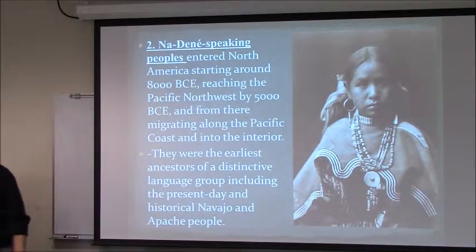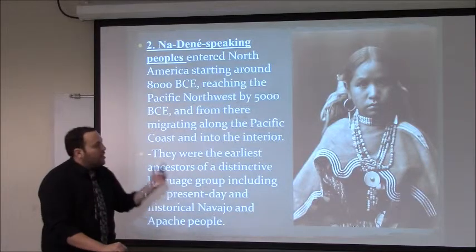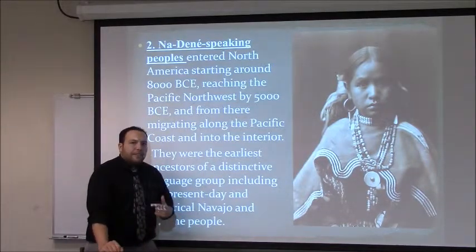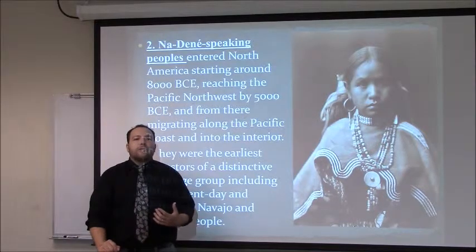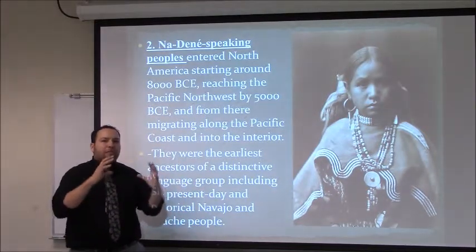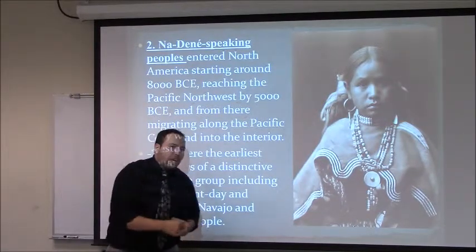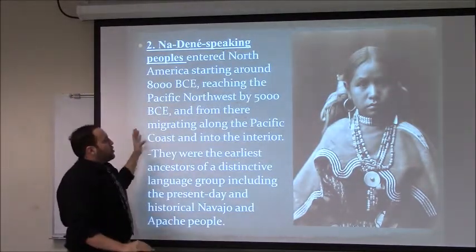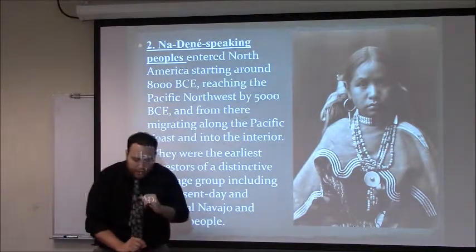Next up, we have the Na-Dene speaking people. This group, unlike the Clovis culture, is identified by the language that they brought with them. Linguists, in comparing Native American languages, are able to get at the root of these languages, and several distinct language groups share the Na-Dene language in common.